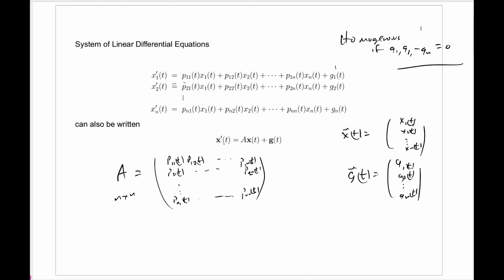And you'll see if we just multiply out A times x and add the vector g, then in the first component in this column vector, the first component of x prime of t will be x1 prime, and the first component in Ax plus g will be exactly this right side. And the same will be true for the second components. When we equate those, we'll get the second equation all the way through the nth components. So this is the type of system of differential equations we would like to solve.